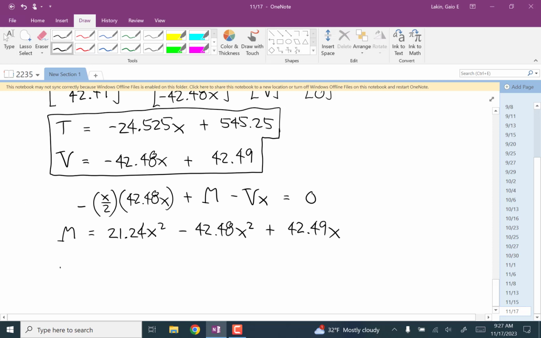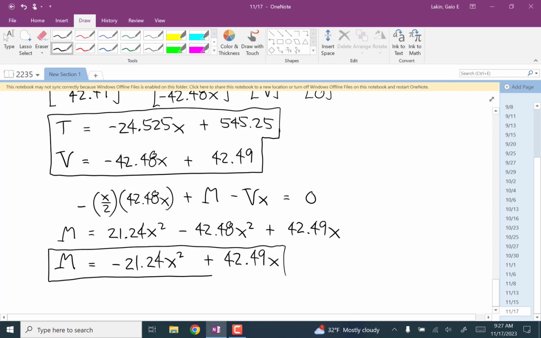And combine the squared terms and you get M is equal to negative 21.24x squared plus 42.49x. Anybody have any questions about that calculation?